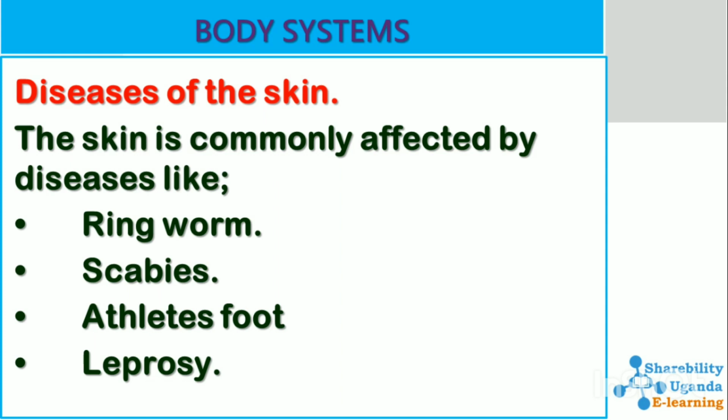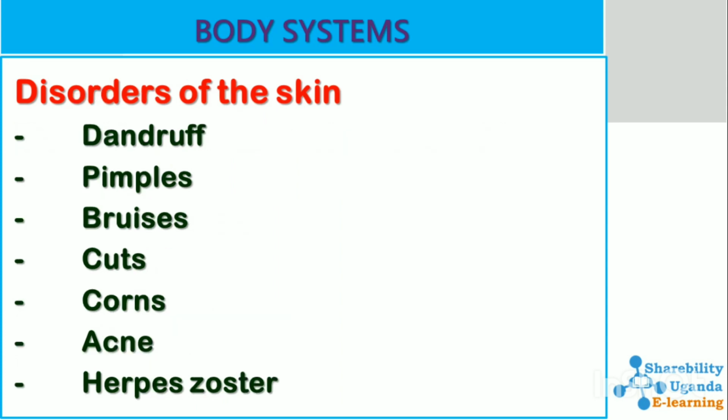We have various diseases of the skin, and among them we have ringworm, scabies, athlete's foot, leprosy, among others. Then we have disorders of the skin. Disorders of the skin include dandruff, pimples, bruises, cuts, acne, herpes zoster, amongst others.